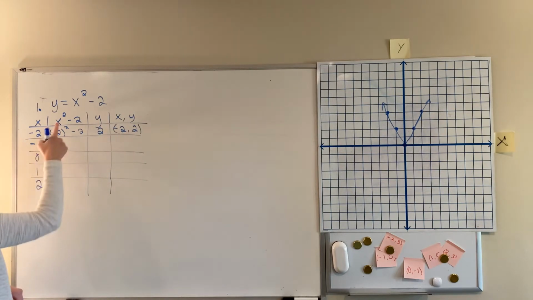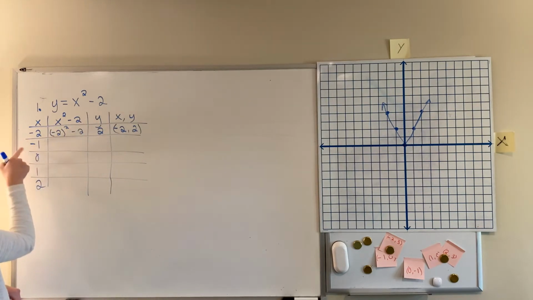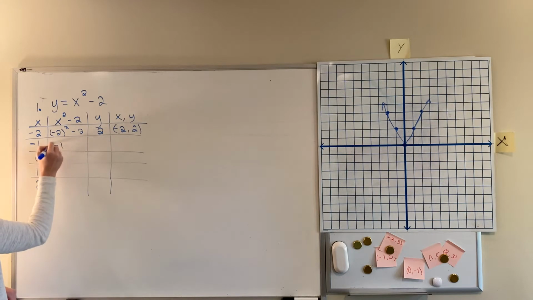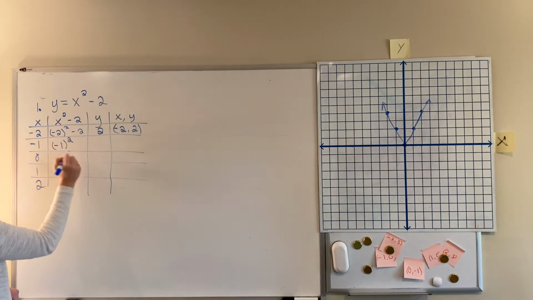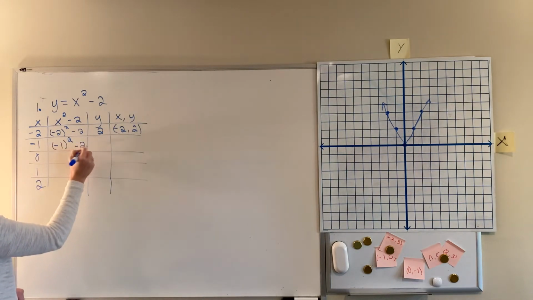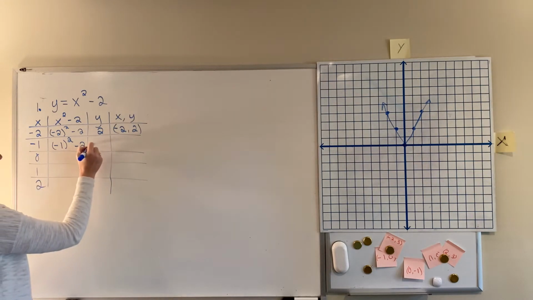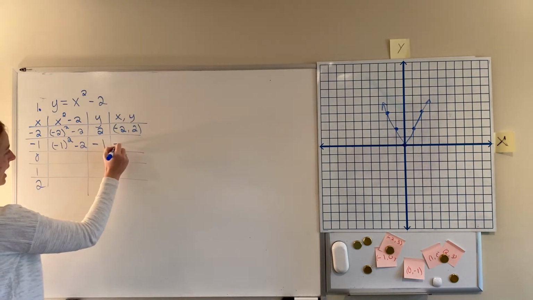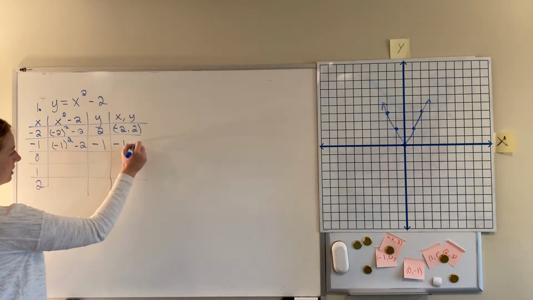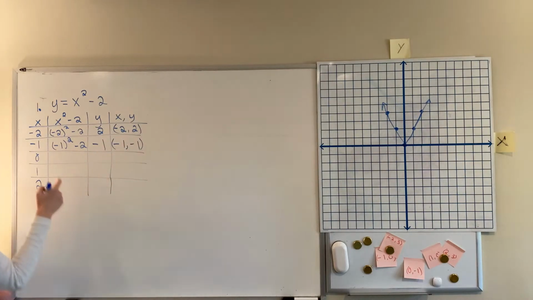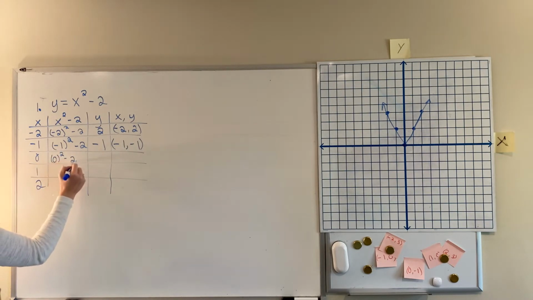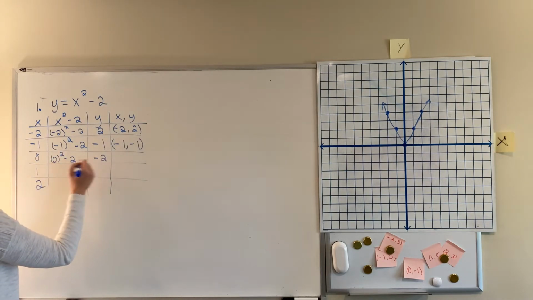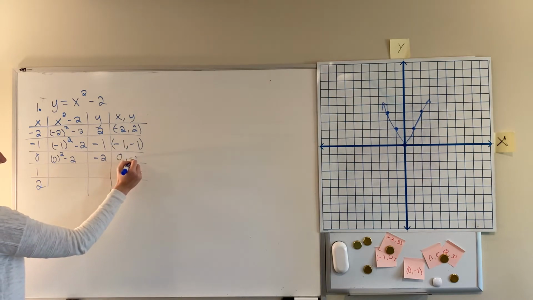Keep going. X squared minus 2, when x is -1. -1 squared is +1. +1 minus 2 is -1. So when x is -1, y is also -1. X squared minus 2, when x is 0, 0 squared is just 0. 0 minus 2 is -2. So when x is 0, y is -2.